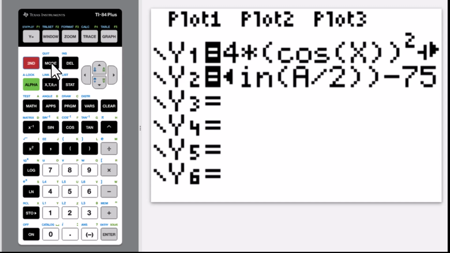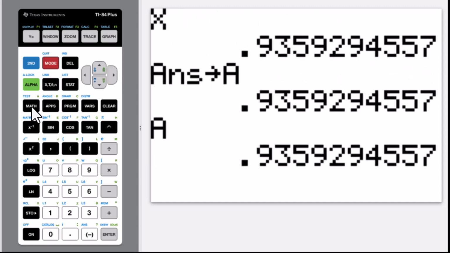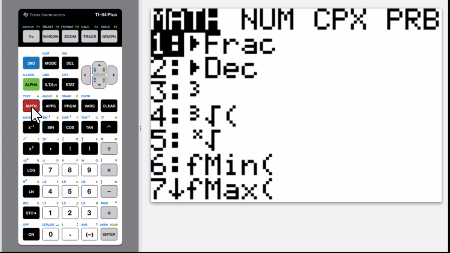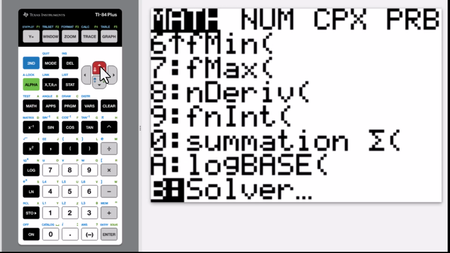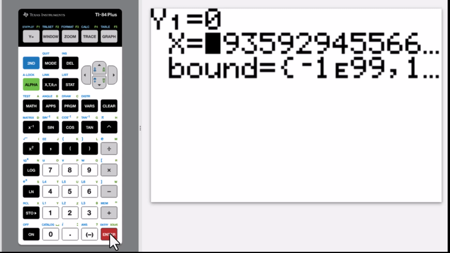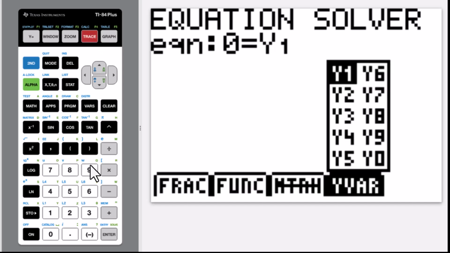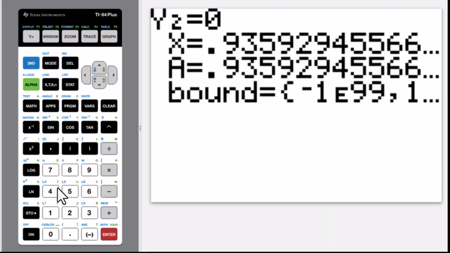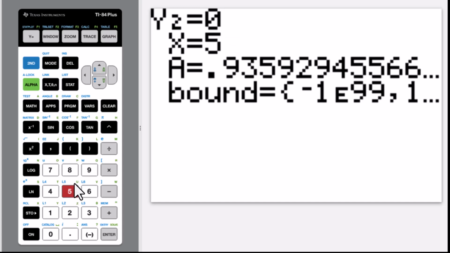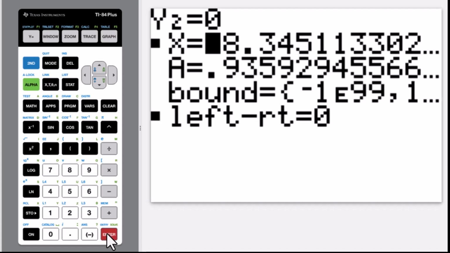Then quit. Go to this math. Upper arrow solver. Go up. Change this into y2. Let's type 5 as the estimated value. Alpha, enter.